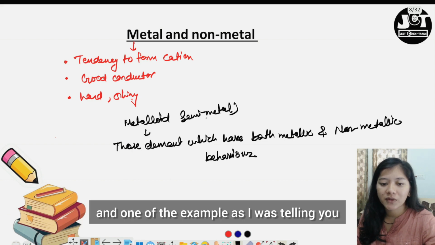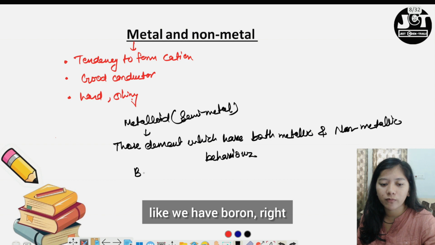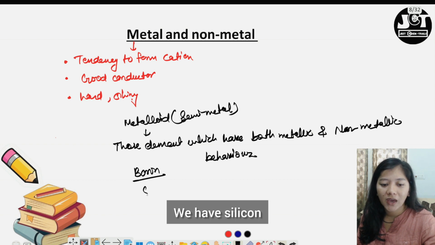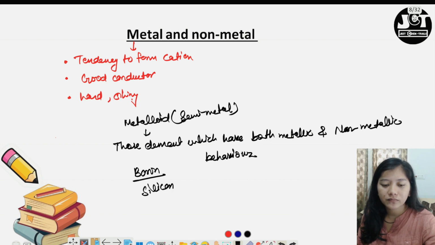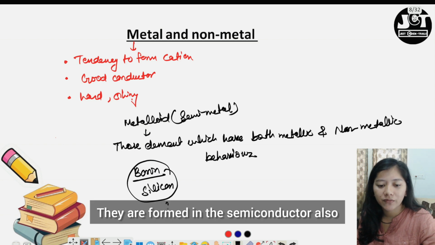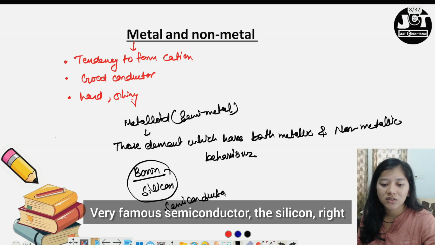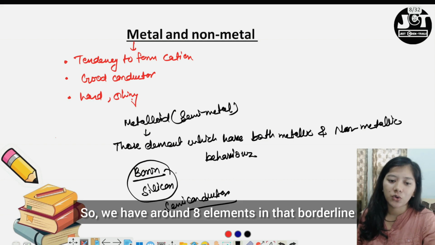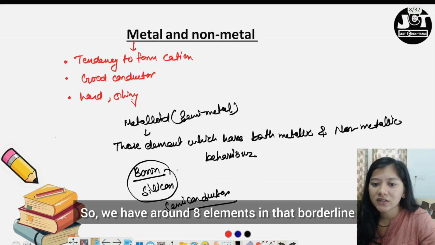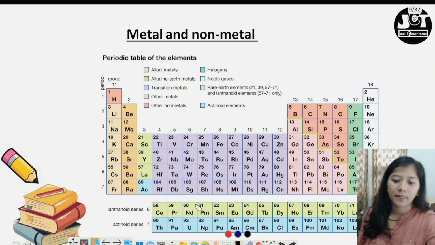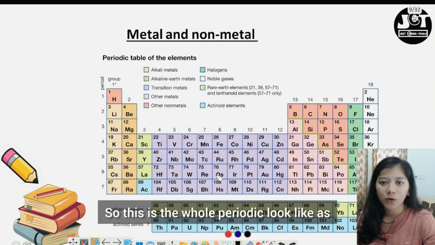One example, as I was telling you, is boron. We have silicon, which forms a very famous semiconductor, right? We have around 8 elements on that borderline. This is what the whole periodic table looks like.